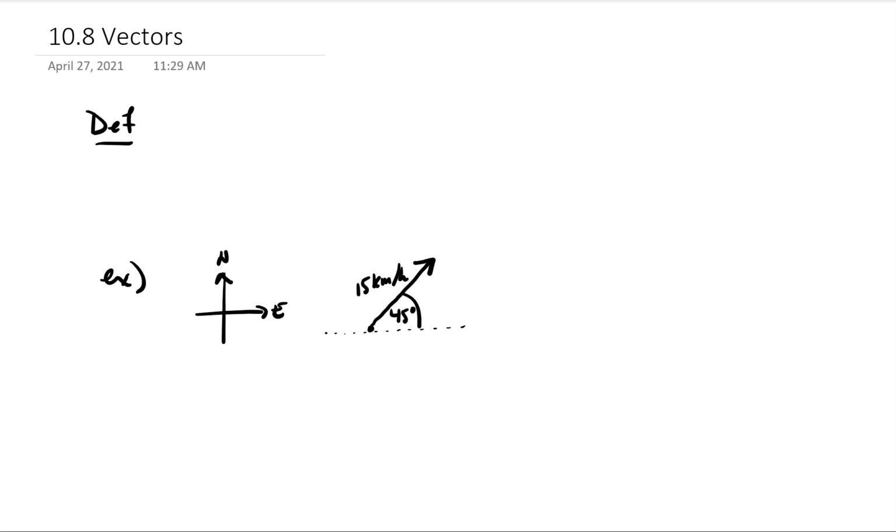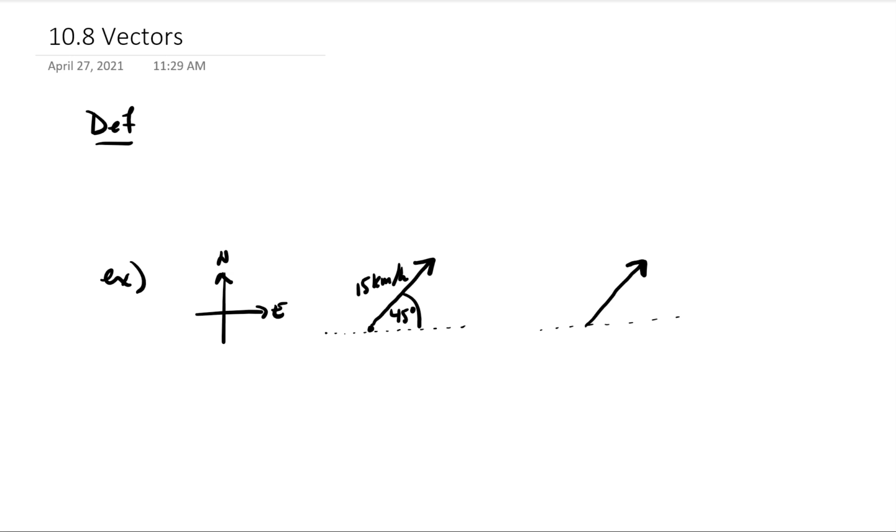And you can indicate those two quantities using an arrow like this. The length of the arrow is somehow the magnitude of this quantity, so here 15 kilometers per hour, and its orientation is also linked to probably some angle that it would make with some reference line, and that would describe its orientation or direction.